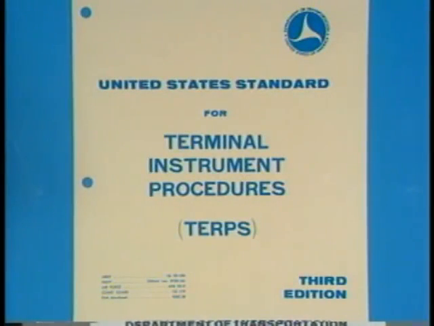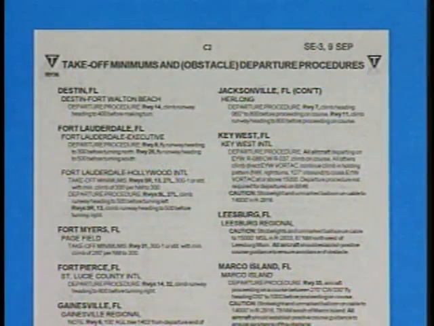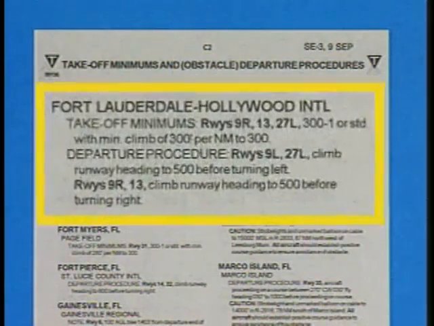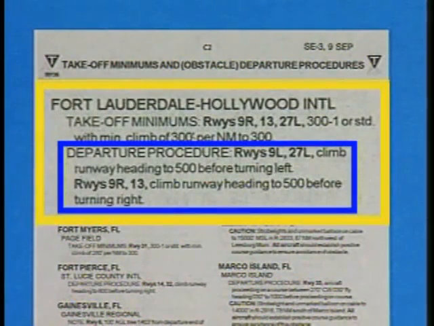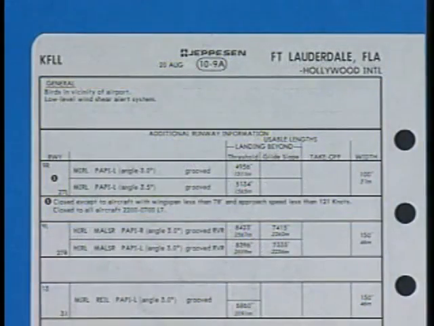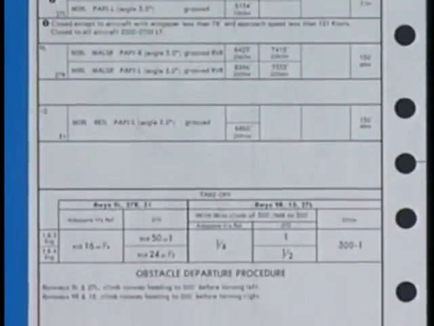These departures are designed according to the criteria established in the United States Standard for Terminal Instrument Procedures, abbreviated TERPS. NOS publishes the obstacle textual departure procedures with the takeoff minimums at the beginning of the Terminal Procedures booklet. Jeppesen prints them on the airport charts.